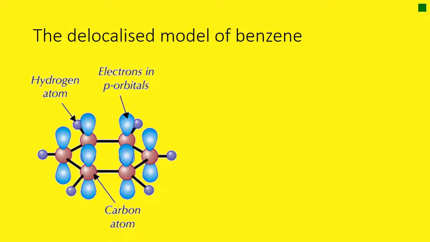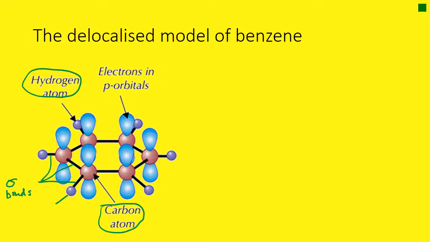And you can see the purplish spheres are the carbon atoms, and the hydrogen atoms are the little grey ones. And why don't we label these black bonds? So all the black bonds are single bonds, or you could call them sigma bonds.